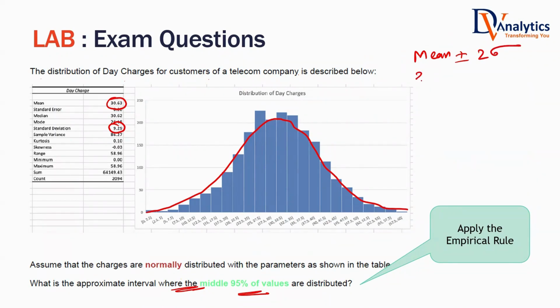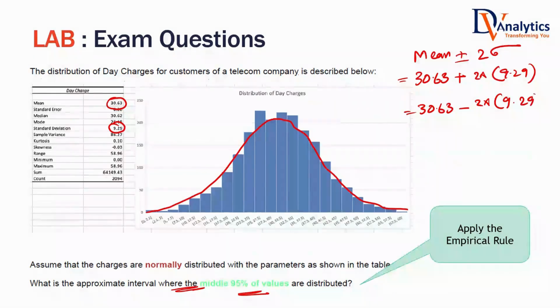Tell me the mean value. 30.63 plus 2 into sigma, which is 9.29, that is the upper limit. 30.63 minus 2 into 9.29 is the lower limit. So this is coming around 49.21, and this is coming around 12.05. So somewhere from 12 to 49 is where the middle 95% of the data is distributed.